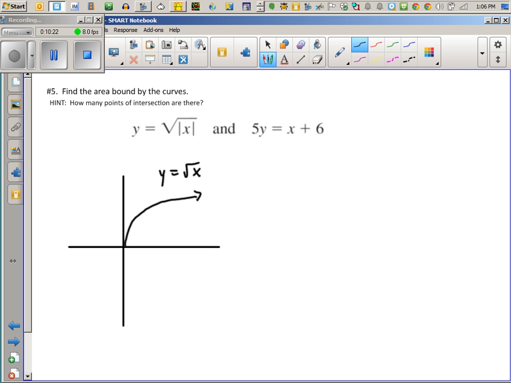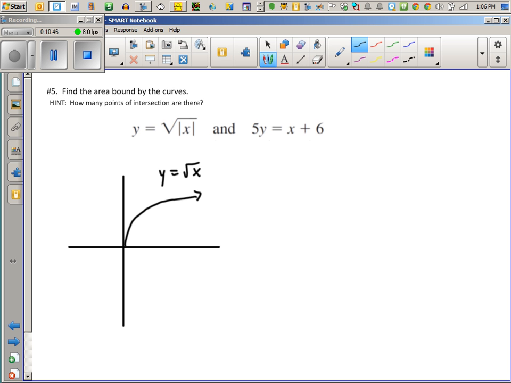Yeah, this is a strictly one-sided graph, right? It's only got a right-hand side. But by putting in the absolute value of x, we can now plug in negatives. We have that freedom. So you could plug in -1 and it would give you +1 now. If you plug in -4 it would give you +2. In other words, this right side reflects over and forms a second half to the picture.